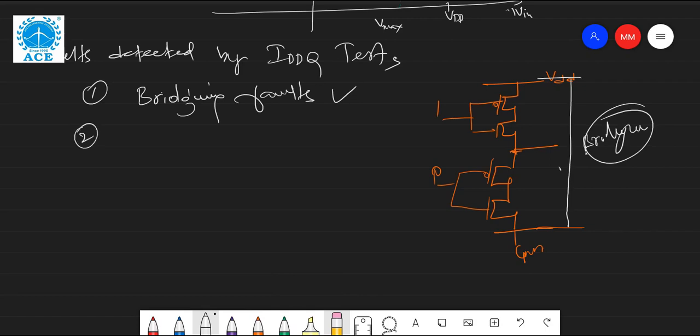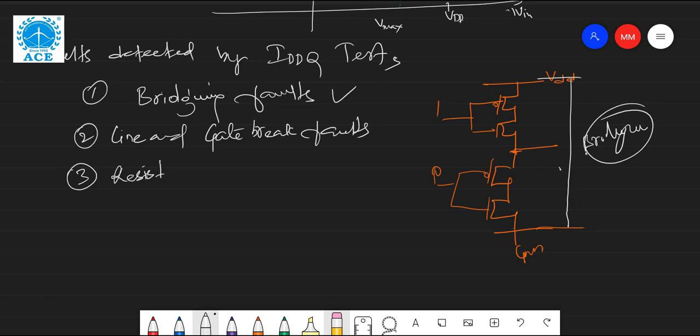The second one, as we discussed above, is line and gate break faults. The third one is resistive shorts.